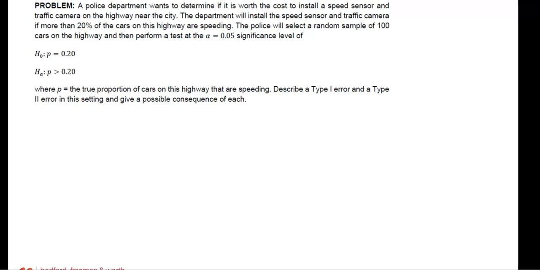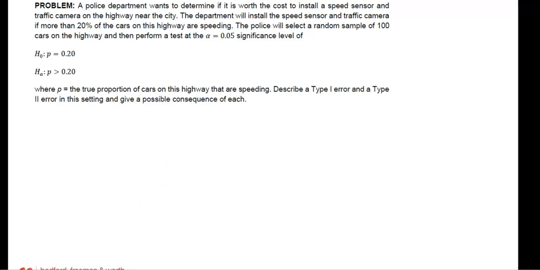The null is true. So they're going to install all this stuff, waste all this money, and actually not that many people are speeding. They could have spent that money at a different intersection or area where it would be more profitable for them to give out lots and lots of tickets.